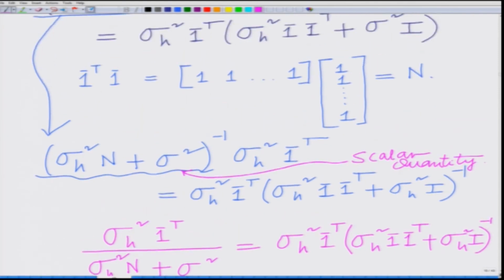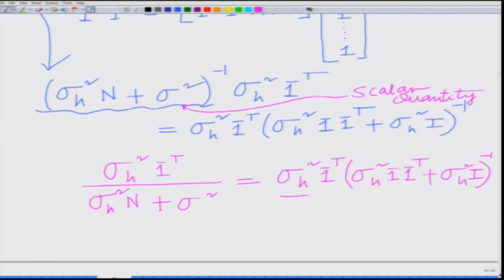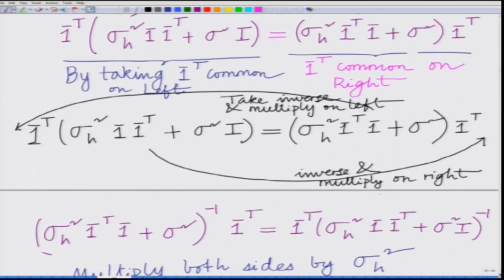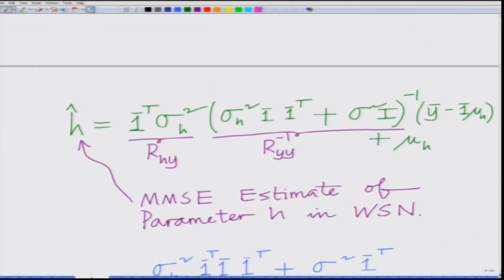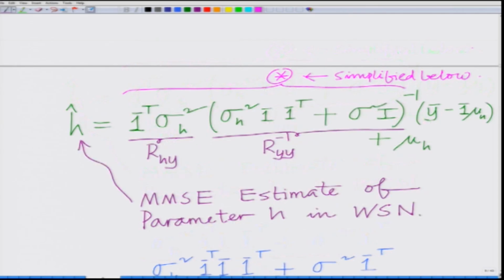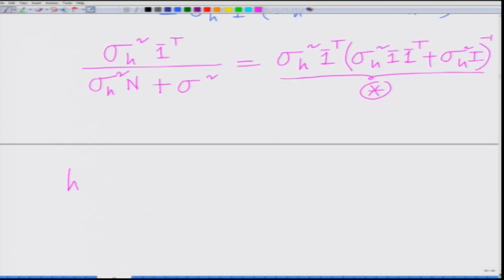And now, if you observe the quantity on the right hand side, let us denote this by star. This quantity is the same as this quantity. Observe that this is the star quantity which is simplified below. Right, and therefore, now I can replace this and simplify the expression.